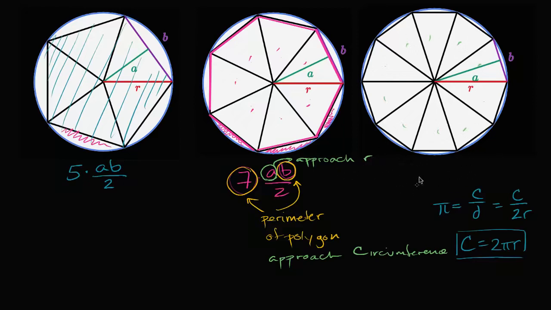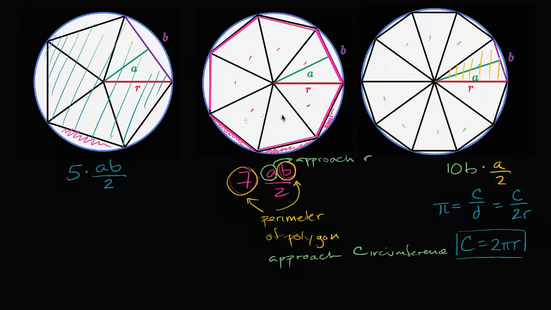So I could write the perimeter of the polygon as 10 times b, and then if I multiply that times a over 2, I'm once again approximating the area of the circle, because a times b over 2, that's the area of each of these triangles, and then I have 10 of these triangles.